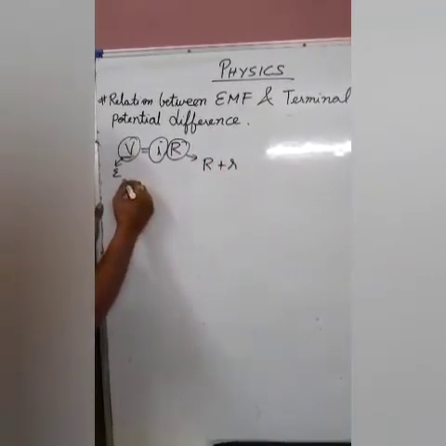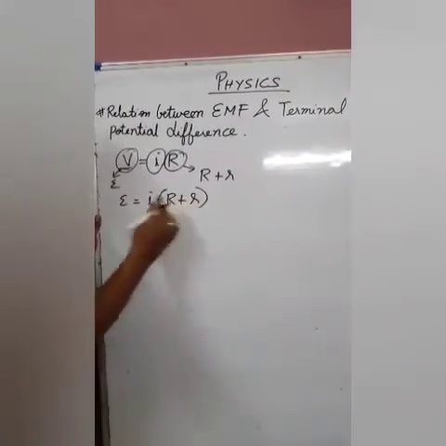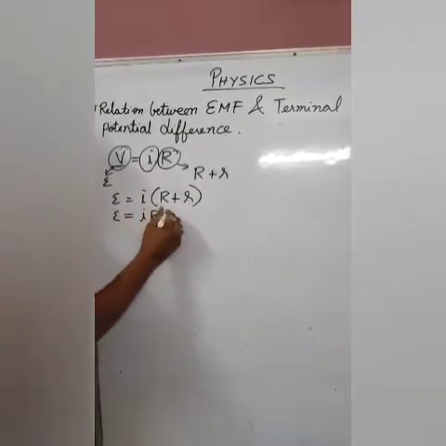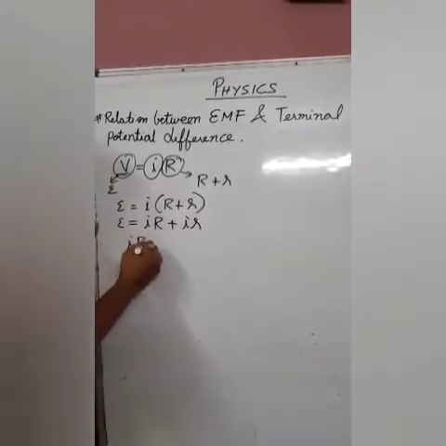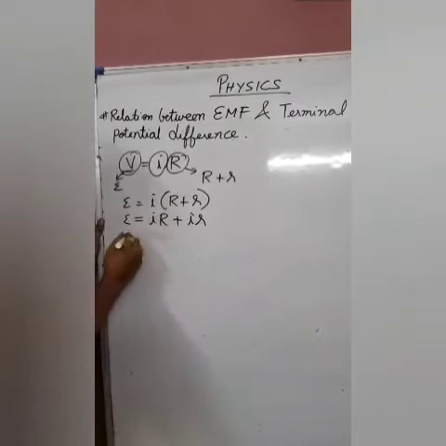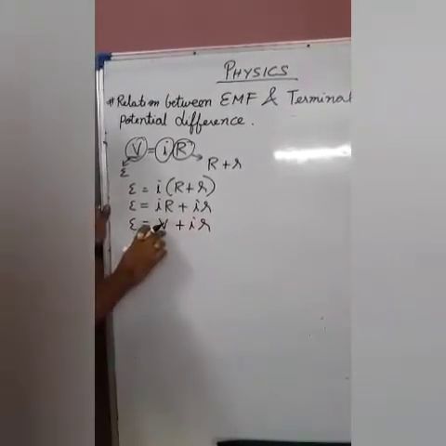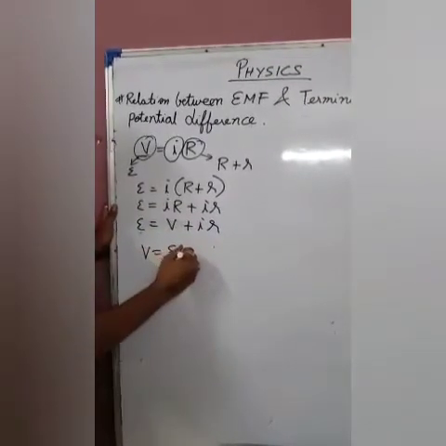So our expression would become E is equal to I into (R plus r). If we multiply this I inside, then E is equal to IR plus Ir. Now as we know that IR is equal to V, therefore we can write E is equal to V plus Ir. And if we keep V as subject, then V is equal to E minus Ir.